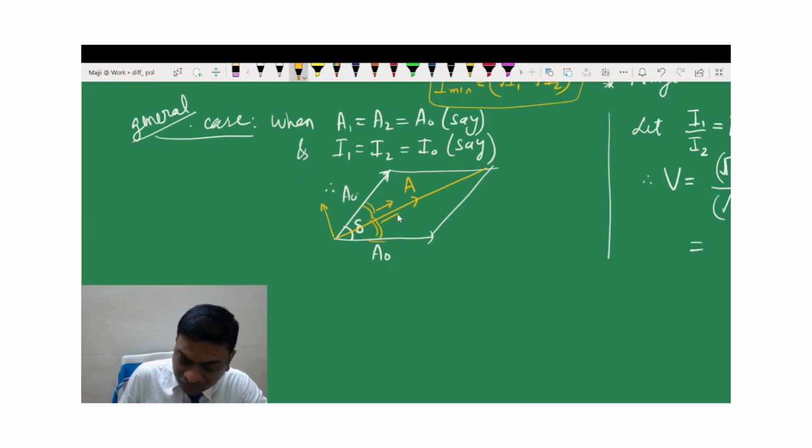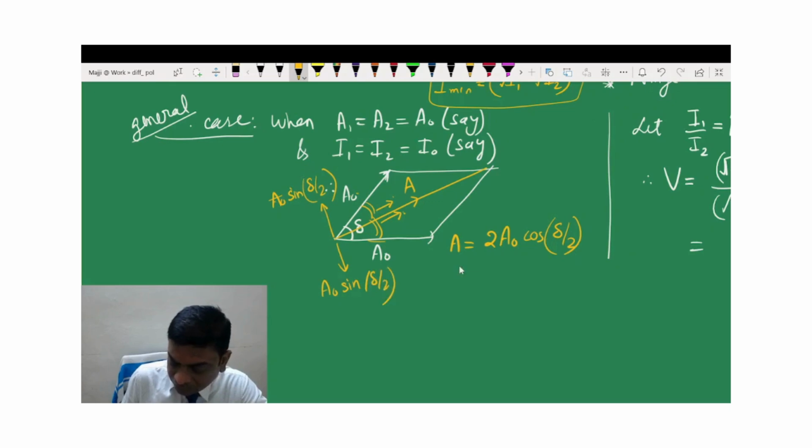Similarly, the component of A naught in this direction will be A naught cos delta by 2, and in this direction A naught sin delta by 2. So the A naught cos delta by 2 components will get added up, so the resultant amplitude will be twice A naught cos delta by 2. The sin delta by 2 components get cancelled. So this is the resultant.